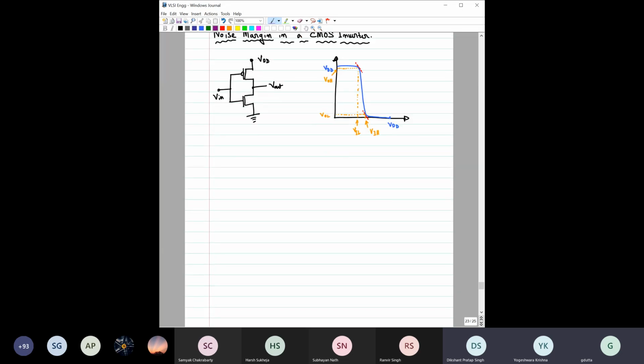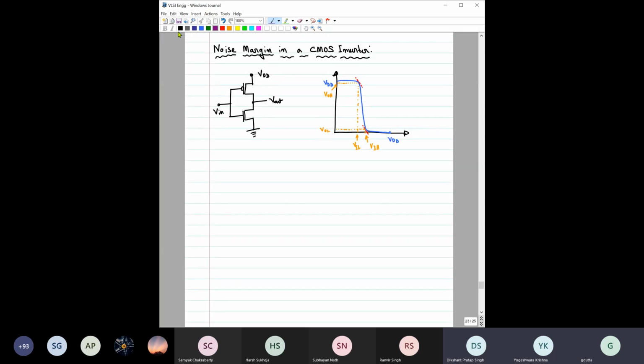Okay. Now quickly, as we have discussed for all other inverters, find the noise margin of a CMOS inverter. How to do it? It is a pretty straightforward rule, and we have done this for almost all the cases. This is the point corresponding to VIL, and the output is VOH. This is VOL, this is VIH.